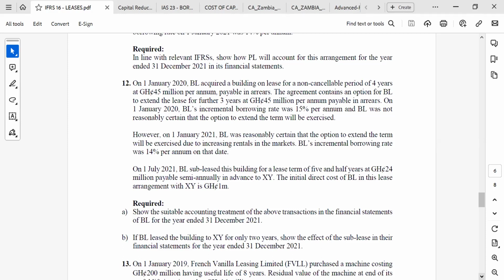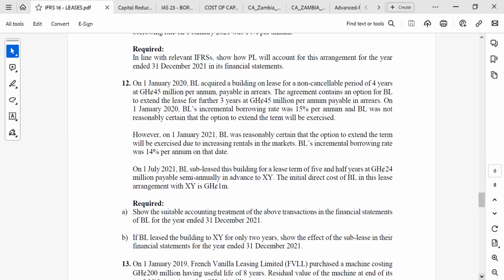On 1st July 2021, BL sub-leased this building for a lease term of 5.5 years at 24 million payable semi-annually in advance to XY. The initial direct cost of BL in this lease agreement with XY is 1 million Ghana cedis.